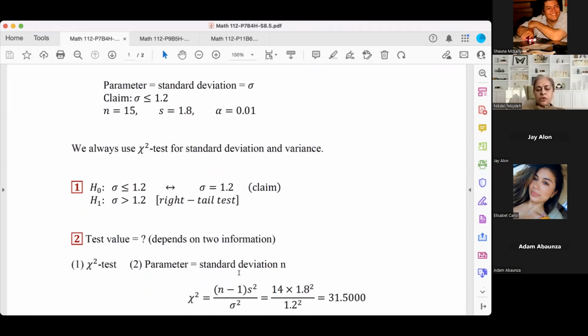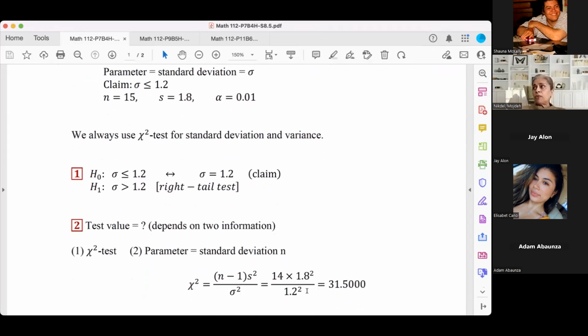N was 12, so you get 12 minus 1 times s squared, so 1.8 squared divided by sigma squared. Sigma is in your H0 sentence, 1.2 squared. Enter this in the calculator. You don't have to put parentheses around the numerator and denominator because you have multiplication and division. So you get 31.5.